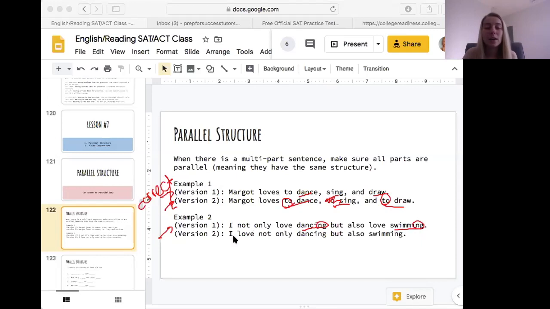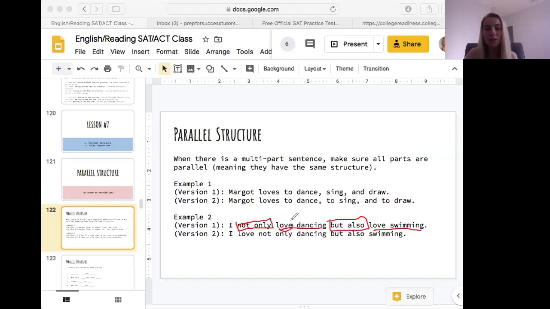Now here, if we have I love not only dancing, but also swimming, notice there we have an ing and an ing again. Now, in these 2 structures, notice the shell of it. What I mean by the shell is the overall concept. Here we have I not only do this, but also do that. The this and that need to be parallel.